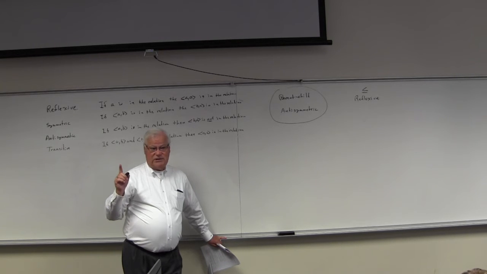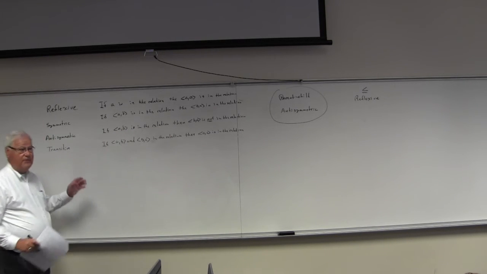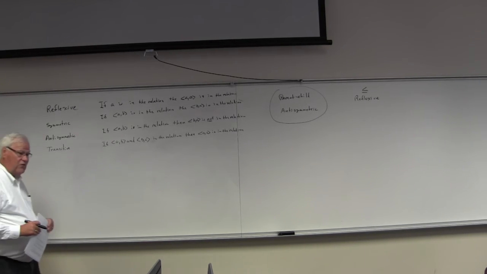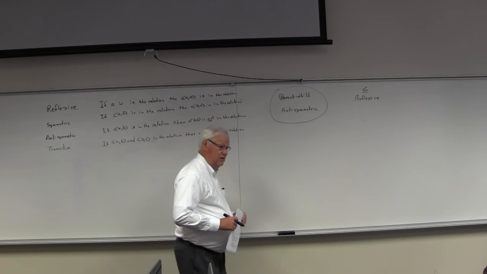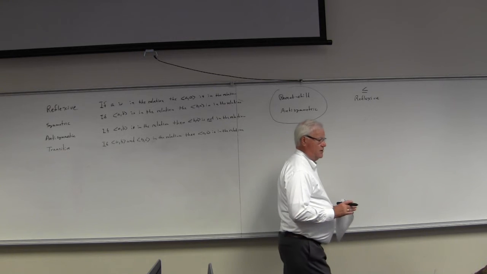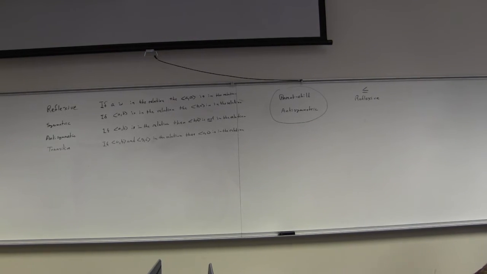Yeah, and there's where I want to see, how do you see this? It can be, right? Sometimes it is. But remember what I said about these properties. These properties are properties of the whole relation. So in order for them to be a property, it must always be. So now, is it symmetric? No. Okay. Because 5 is less than or equal to 8, but 8 is not less than or equal to 5, right? So therefore, it's not symmetric. Therefore, is it anti-symmetric? No.